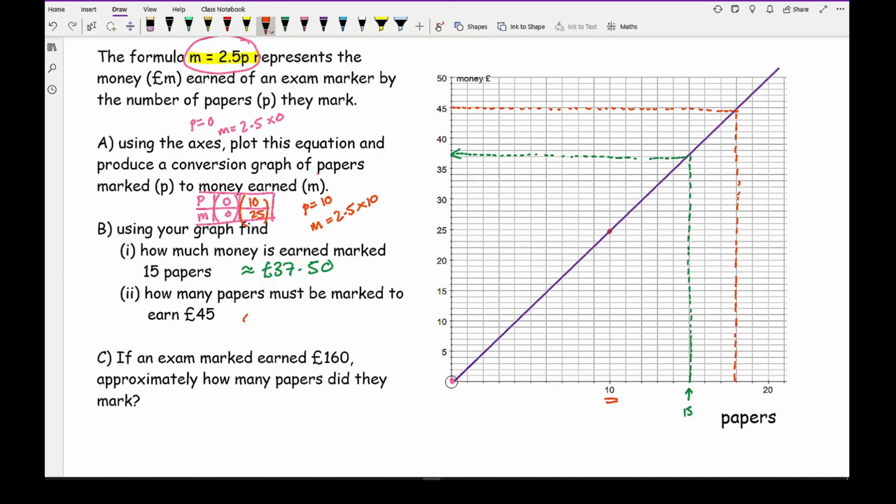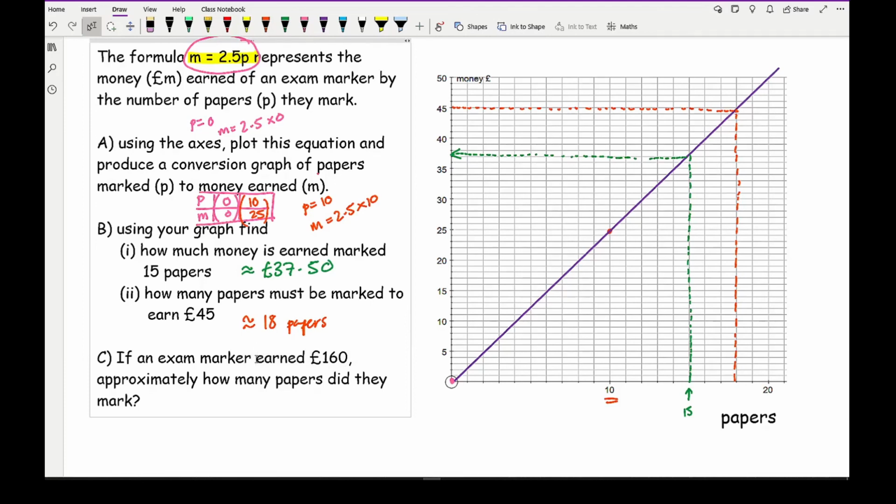So it's going to say approximately 18 papers. Now, just like the previous question, in part C, it then says if an exam marker, that should say, let me just change that D to an R. So if an exam marker earned £160, approximately how many papers did they mark?